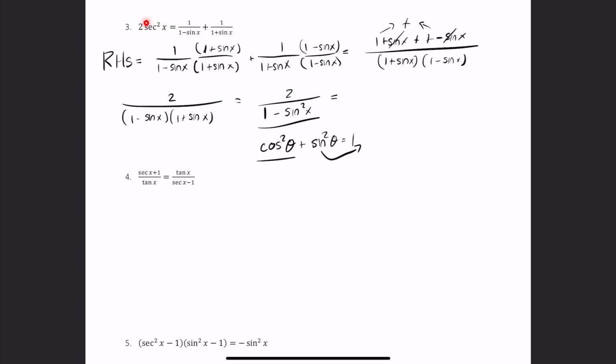And we are trying to get some sort of cosine, so it would make sense to replace this. So if we replace that 1 minus sine squared with cosine squared x, what do we have here? A reciprocal. This is equal to 2 secant squared x, and we have verified the identity.